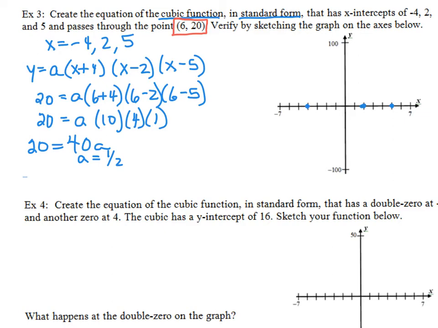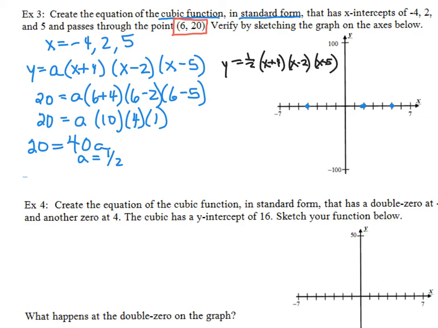Now, to put this in standard form, let's go ahead and substitute that value of a into this equation right here. So I'm going to have y is equal to 1/2 times x plus 4 times x minus 2 times x minus 5.